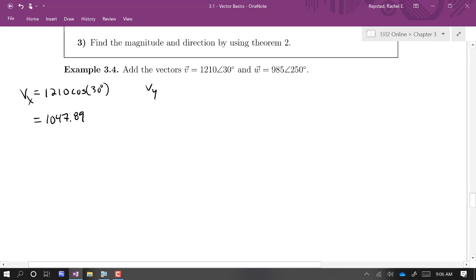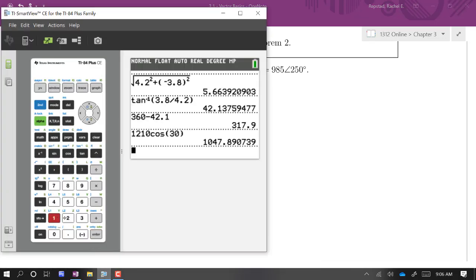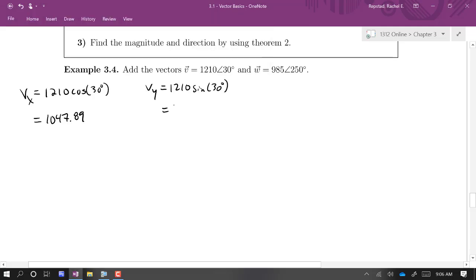And the y component, 1210 times sine of 30 degrees, is 605.